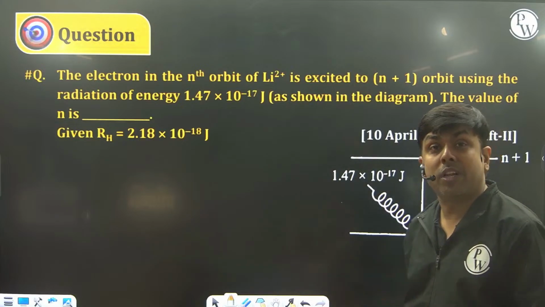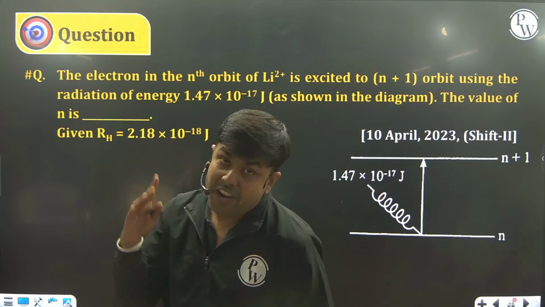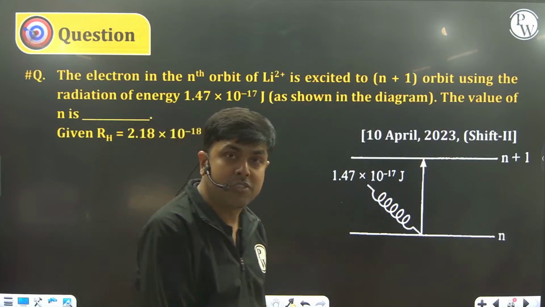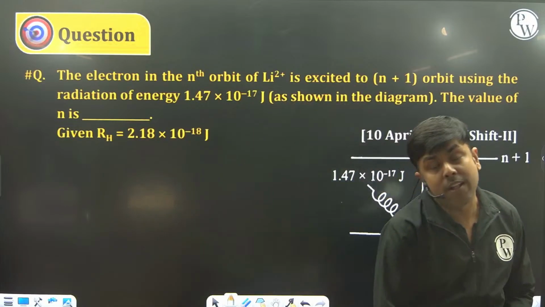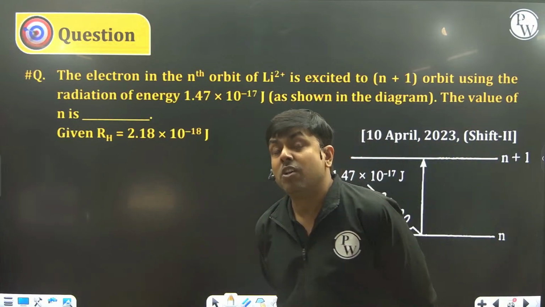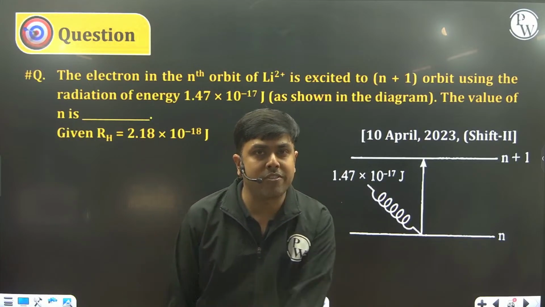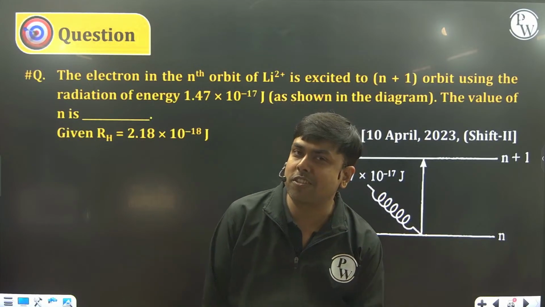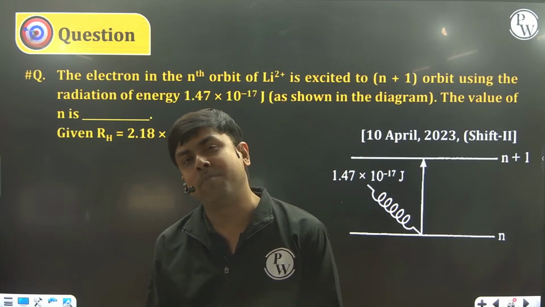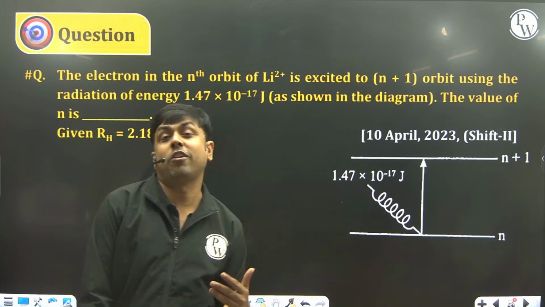So this particular chapter is really important. It will not only help you in the chemistry section, but also in the physics segment. If I talk about the weightage of this chapter, a minimum of 1 question from atomic structure and 1 or 2 questions from modern physics. Sum total of 3 questions.